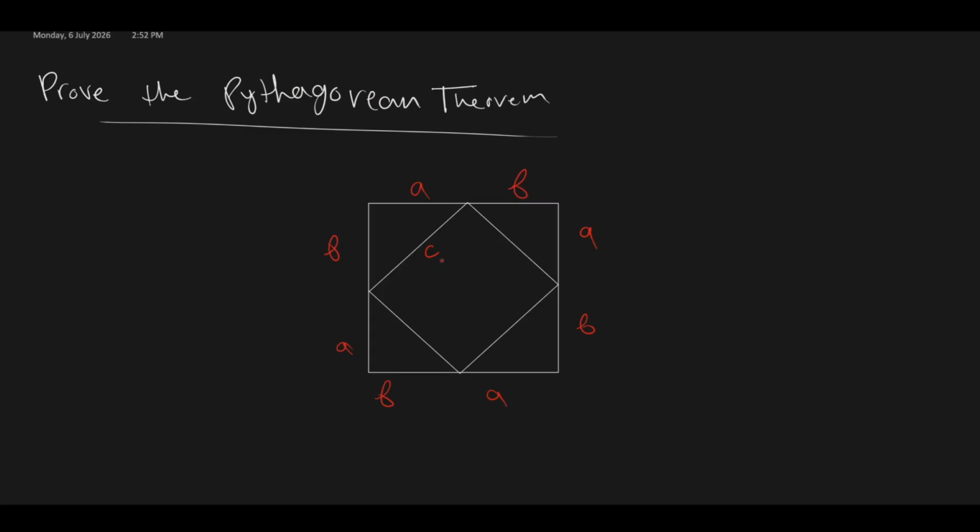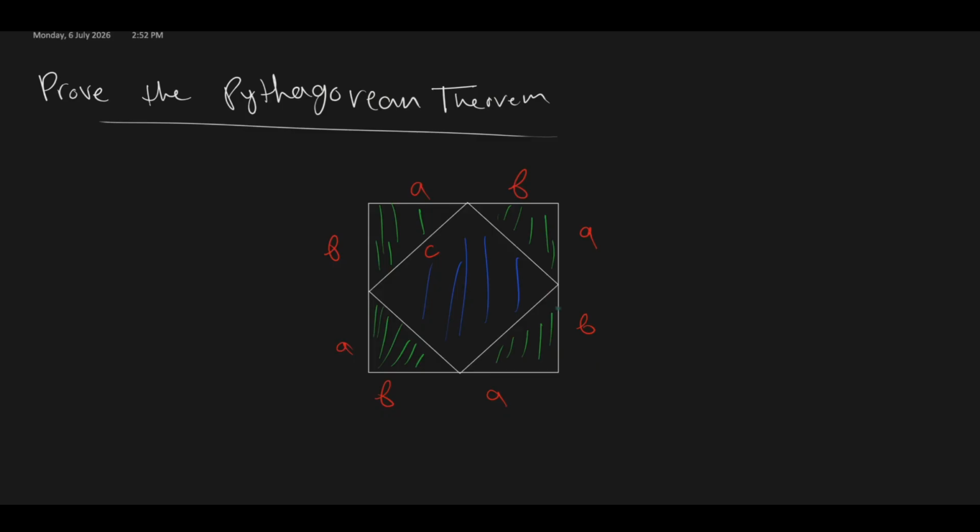Okay, and the task is to calculate the total area of this square. Now, the total area of this square is the area of the inner square plus the area of these triangles that are here, right? So to calculate the total area, we will have to sum the area of the inner square with the area of the four triangles.